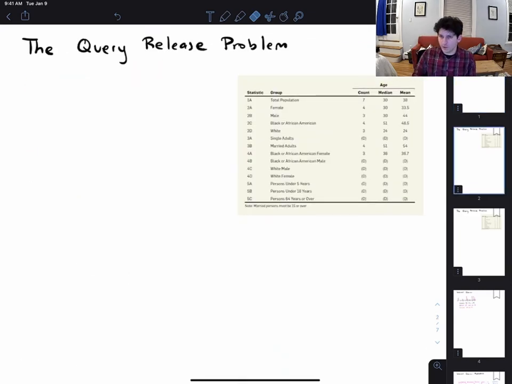So the query release problem is really just capturing the motivating problem we used when we talked about reconstruction, which was how can an organization like the Census Bureau release a big table of summary statistics about their data.